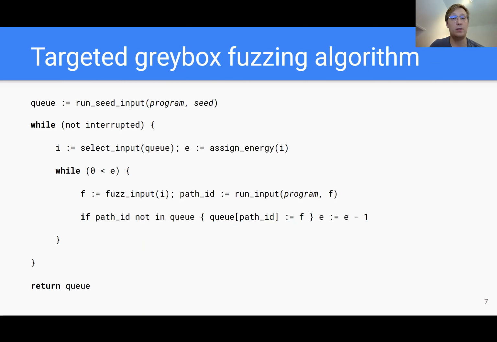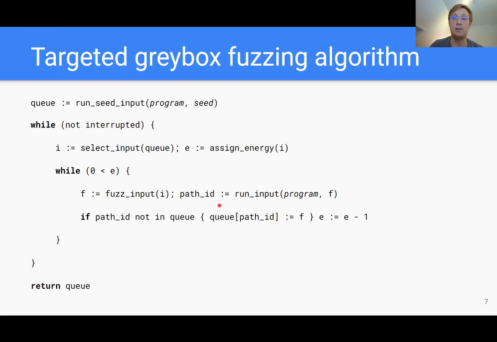So here you can see the classical Greybox fuzzing algorithm, and let's see how we extended it to support this type of analysis. The classical algorithm will select a new input from the queue and will assign some amount of energy to it. The amount of energy determines how often it will be fuzzed. When we fuzz the input I, we get a new input f, and when we run it on the program, we get a so-called path ID.